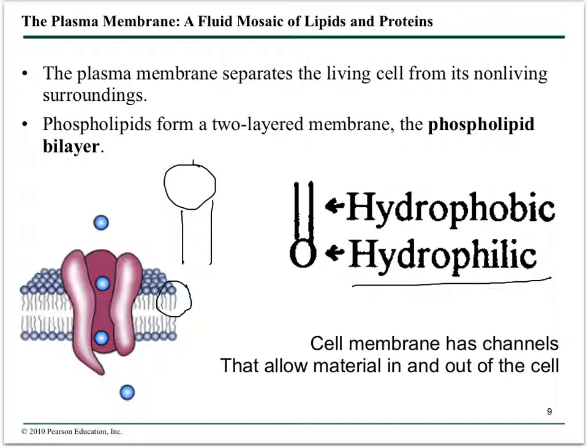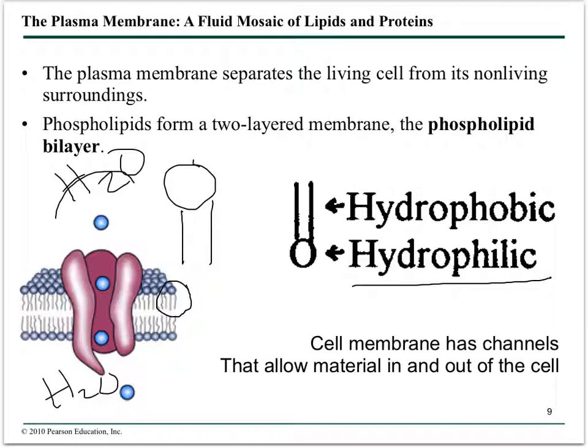So when you're looking at a cell, you're looking at the outside, that is watery, and the inside, or the cytoplasm, which is mostly water. And the only way that a cell membrane can exist is if it's got some fat.